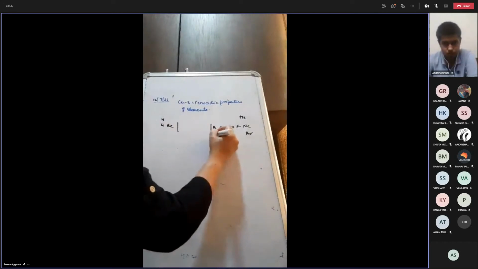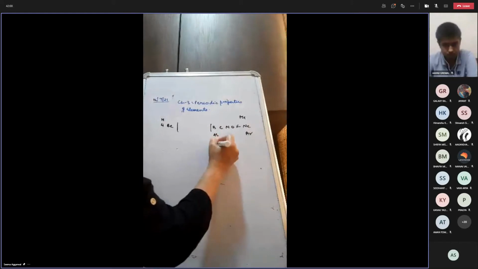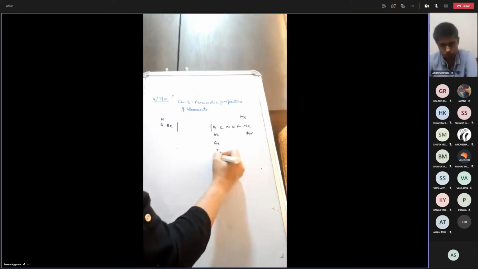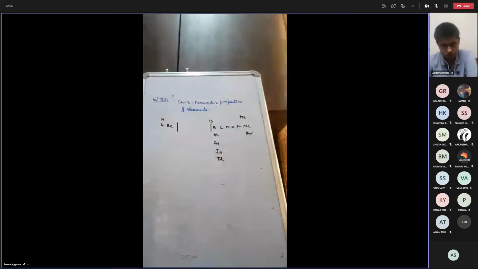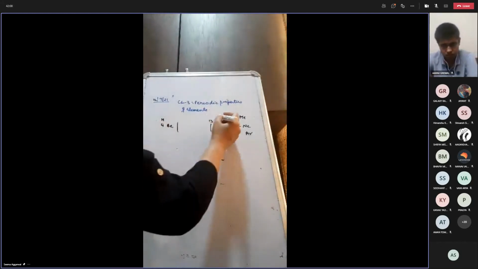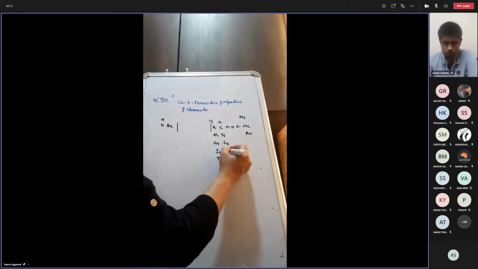So boron, aluminium, gallium, indium, thallium. So these are all group 13 elements: boron, aluminium, gallium, indium, and thallium. Now in the group 14 elements, we have got carbon, silicon, germanium, tin, and lead.